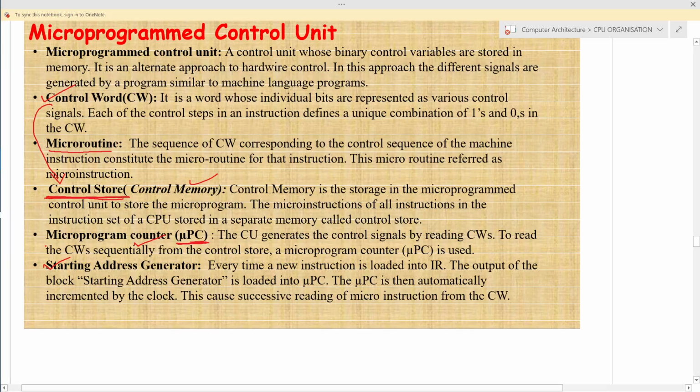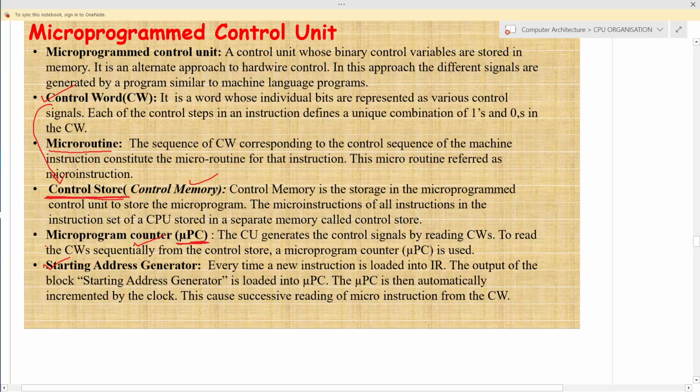Suppose the first control word identifies that your PC out signal is to be enabled, your MR in signal to be enabled, your read operation to be enabled, your select for operation to be enabled, your Z in signal to be enabled. So all these signals are enabled in the first control word, and all other signals are disabled. That means by only reading the content of the control word, I am able to generate the appropriate control signal.